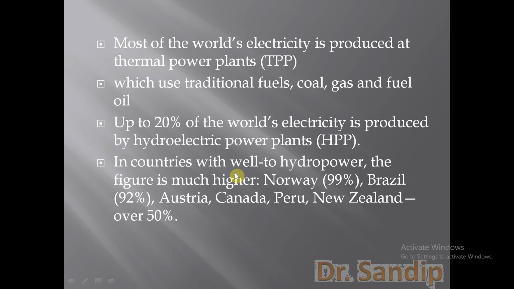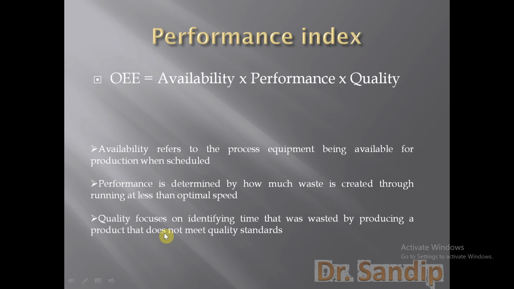In countries with well-developed hydropower, the figure is much higher. In fact, hydropower is much more in countries like Norway, where 99% of its power is generated from hydroelectricity. And then we have got Brazil at 92%, Austria, Canada, Peru, and New Zealand over 50%.